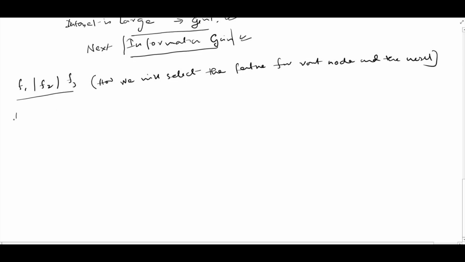The answer is information gain. Whichever feature gives me the max information gain is my starting point. That's how I will decide every time.